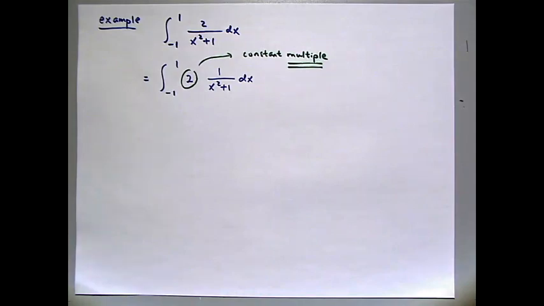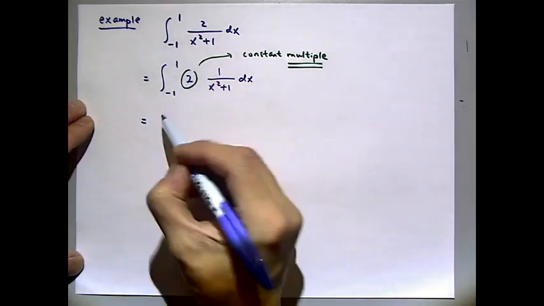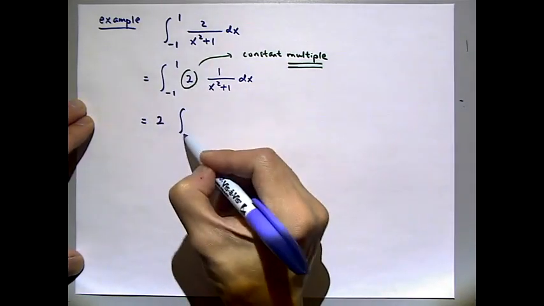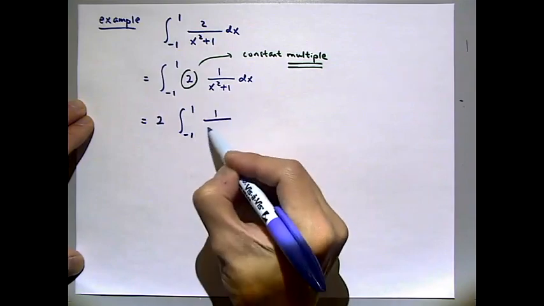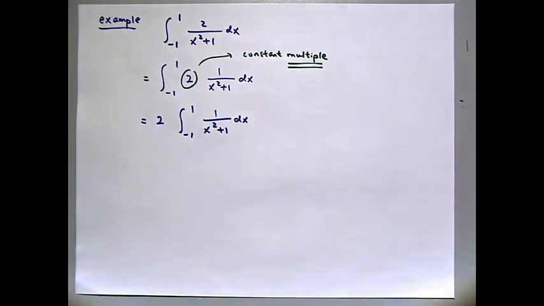If you ever see a constant multiplying a function, that constant can actually come out of the integration. Only if it's being multiplied. If it's added or subtracted, you cannot move that constant.